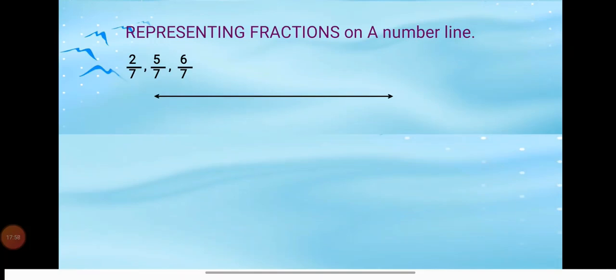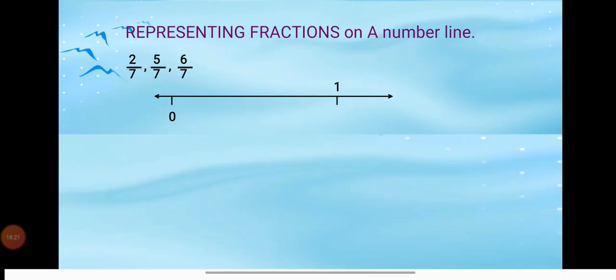We will draw a number line starting from 0. The last fraction is 6 by 7. So we know that it is going to lie somewhere in between 0 to 1.